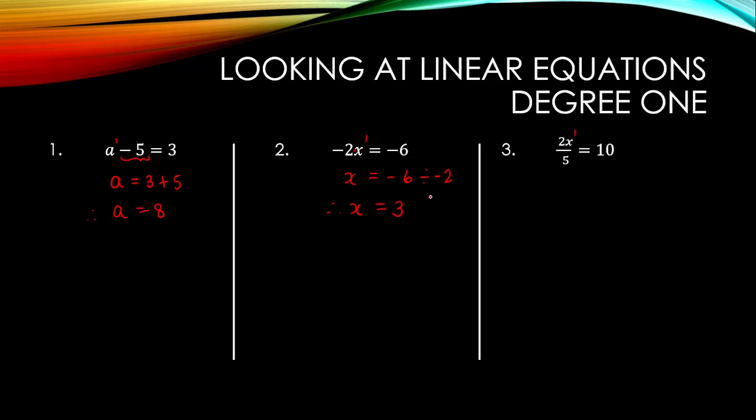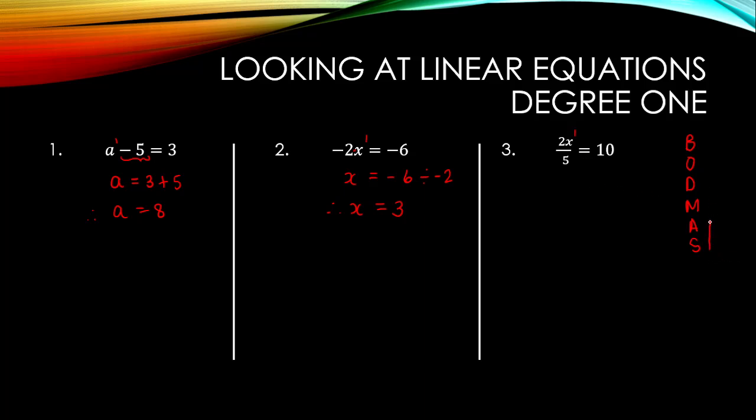Let's look at the last one. So we've got 5 being divided. Now, what's important to understand here, I've got many operations happening at the same time. Remember, you've learned how to do BODMAS. Now, when you're working with an equation, so you have an equal sign somewhere, you'll be looking at BODMAS backwards.